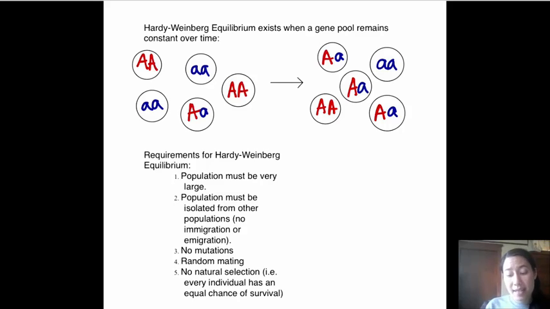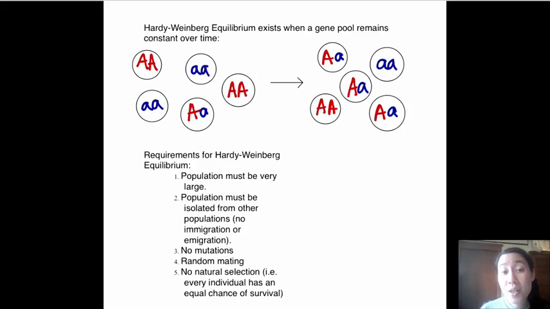So over here you can see that 1, 2, 3 of my people have the dominant trait. They've got that capital A allele. And over here, 1, 2, 3, 4 of the people in my population have the dominant trait. So the number of people with the traits didn't stay the same.